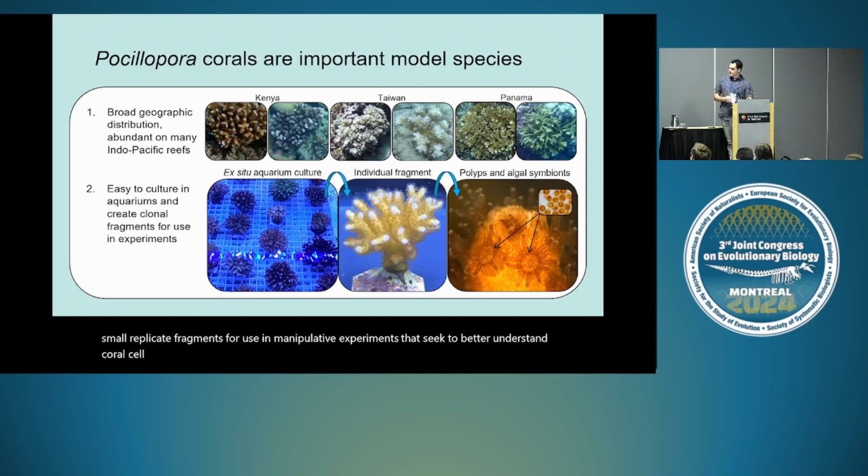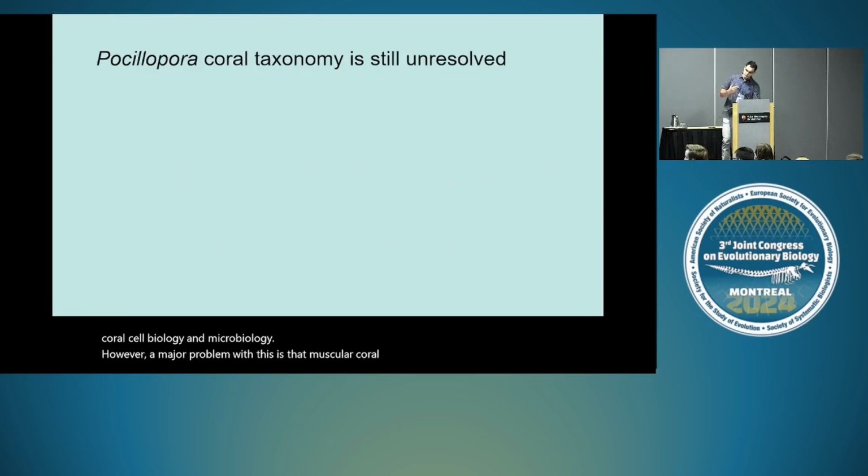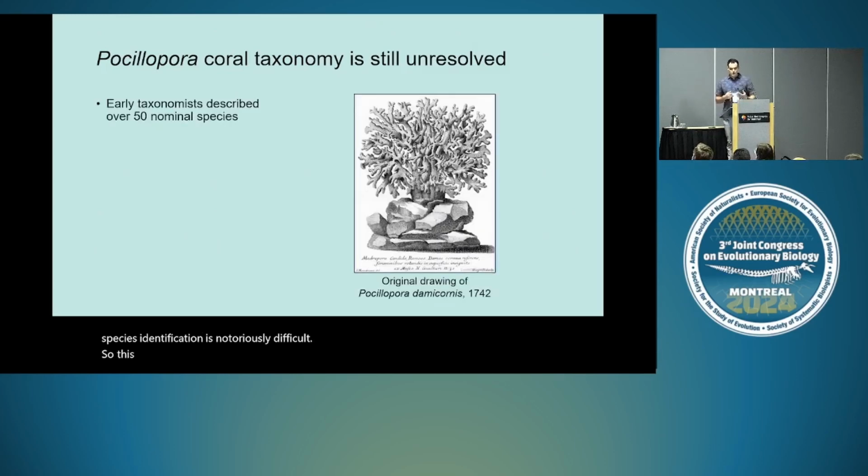However, a major problem with this is that the Pocillopora coral taxonomy is still unresolved and species identification is notoriously difficult. This story begins when early taxonomists described over 50 species of Pocillopora corals based on morphological traits like branch patterns and polyp arrangements.